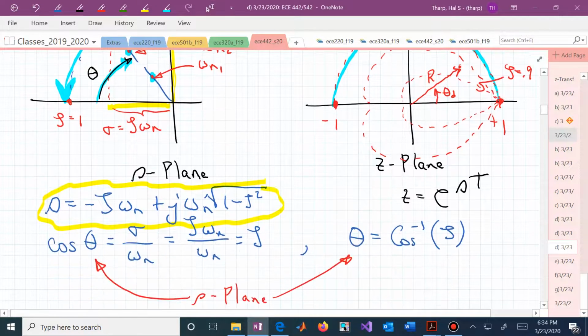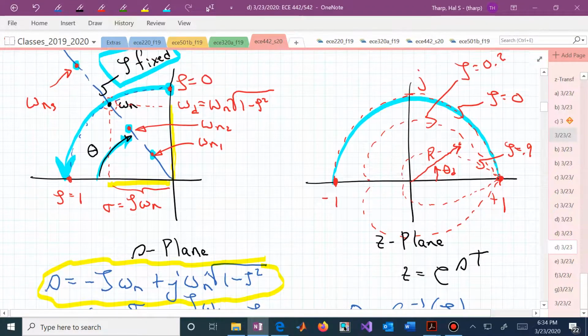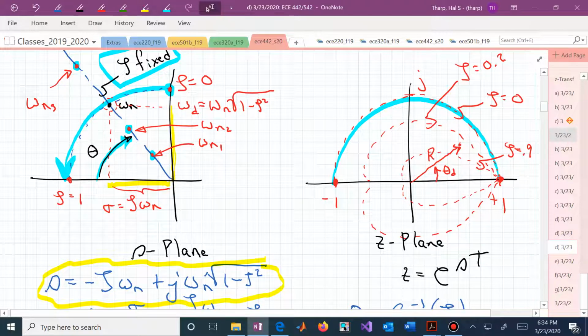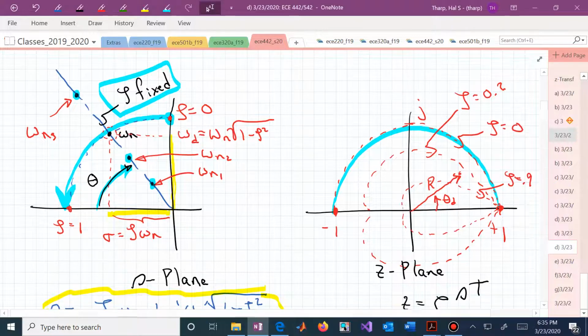What we want to do now is see how R, capital R, and theta sub d change, because that will change the location in the z-plane, if we fix zeta and vary the natural frequency omega sub n. What would that look like if we just looked at 3 different natural frequencies in the S-plane? What would that look like in terms of a shape in the z-plane?